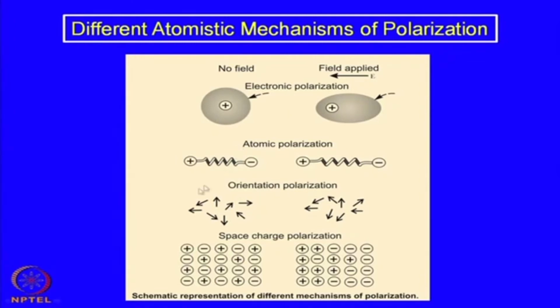So, let us see what exactly is meant by this terminology. On the left, we have the situation when there is no field, an equilibrium situation. On the right, the situation when a field is applied. When you are considering electronic polarization, we are focusing our attention on each individual atom. Each atom has a positive core or nucleus around which there is an electron cloud.